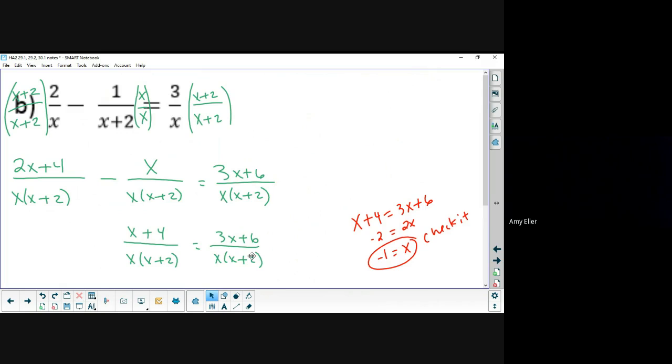Once you get B, check it, skip C, and do D.